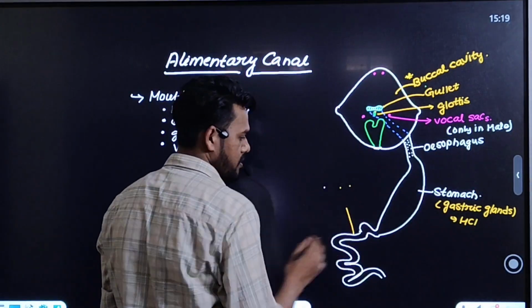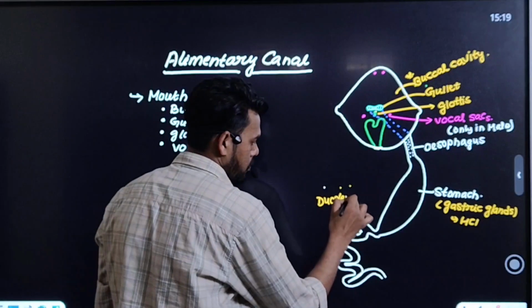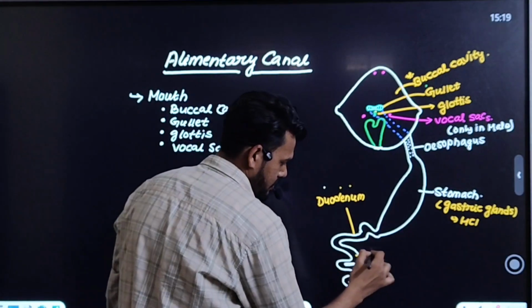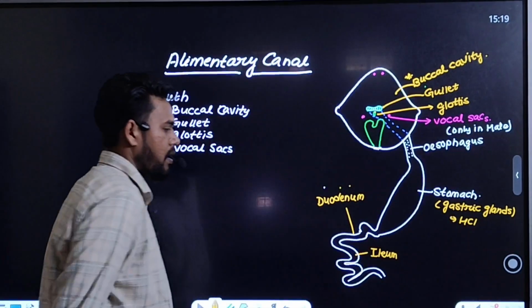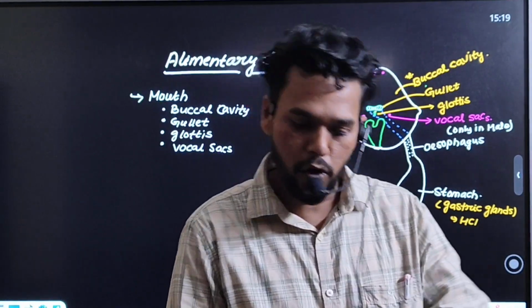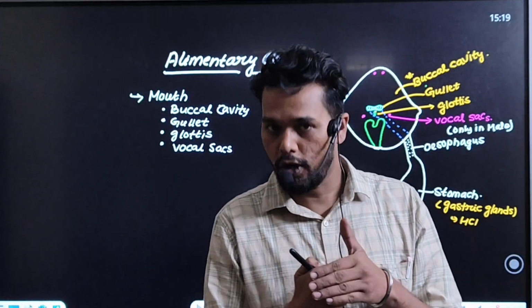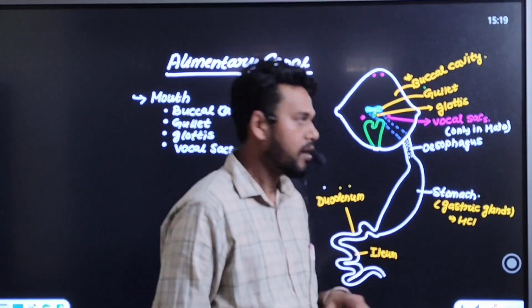This is the small intestine part, and the first part is duodenum. The much coiled part is ileum. One important thing, the small intestine or the alimentary canal is comparatively shorter than the herbivorous animal.